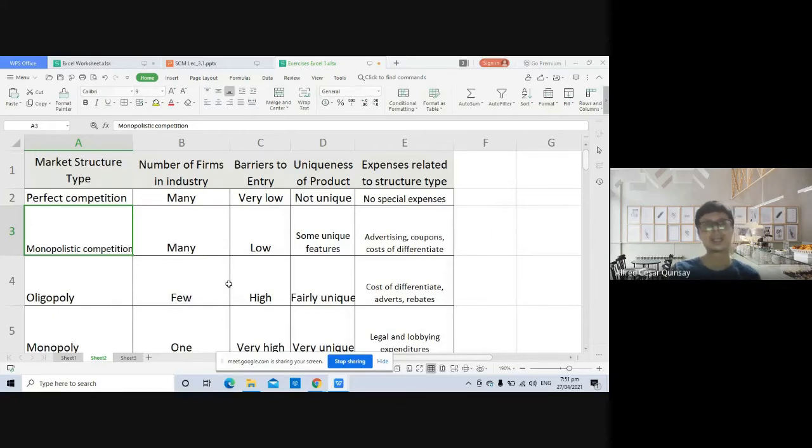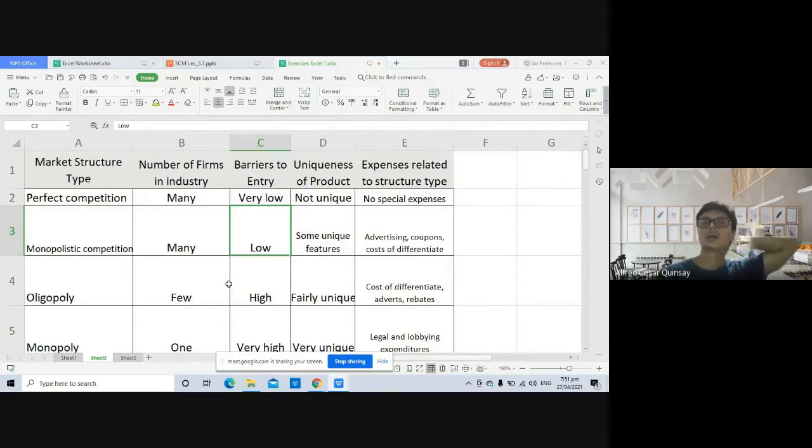And it's healthy. So that's why it may have many firms dun sa industry na yon, kasi restaurant business, maraming firms yan. Pero yung barriers to entry niya is low kasi na-segregate niya yung niche nila.